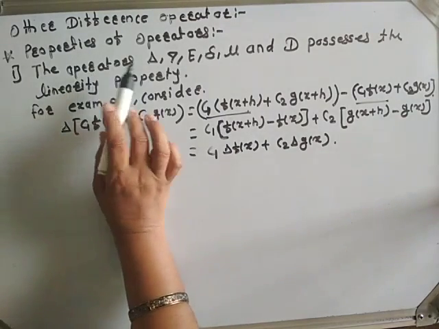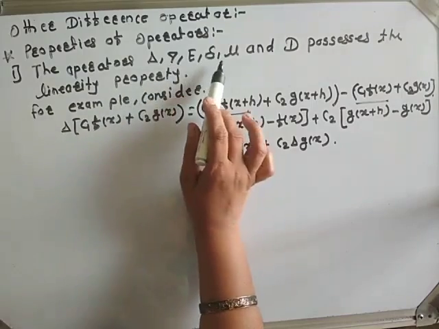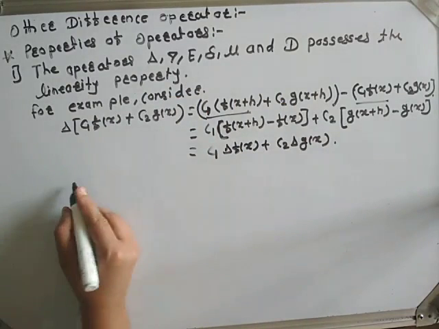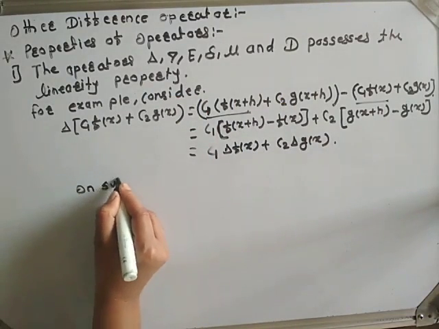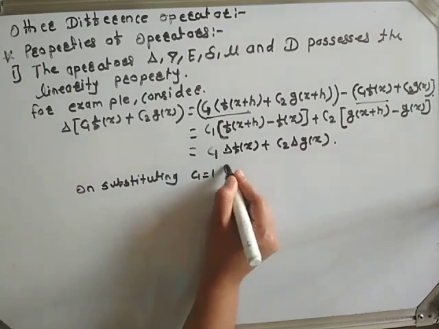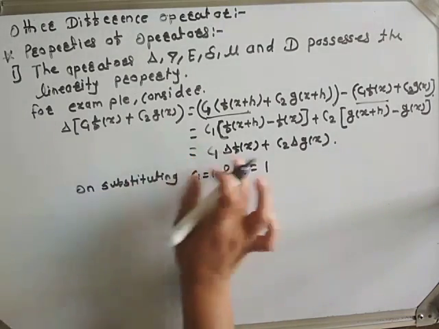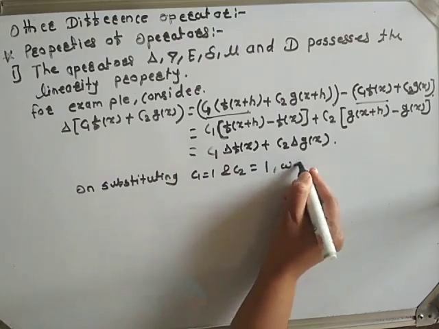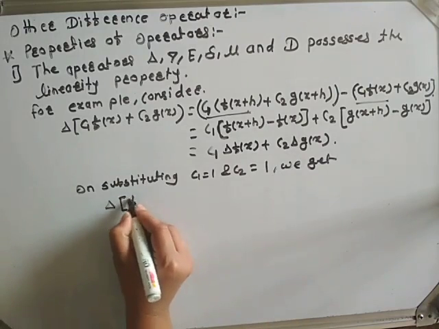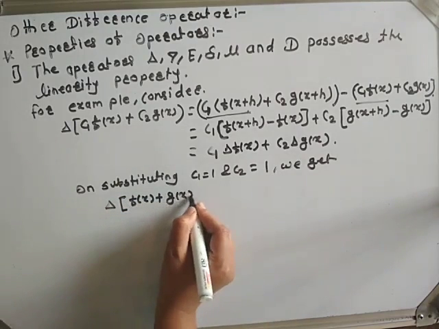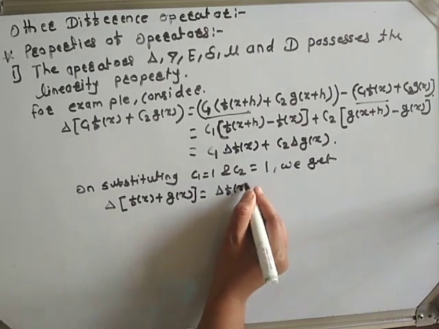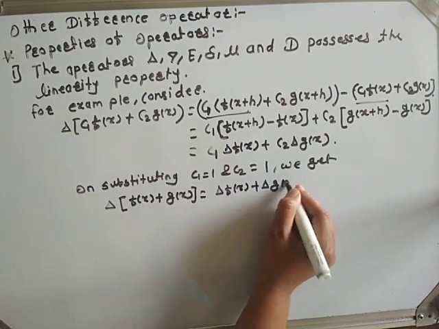Similarly, we can show that other operators del, E, delta, mu and D also have linearity property. Okay. On substituting C1 is equal to 1 and C2 is equal to 1 in this equation we get delta of f of x plus g of x is equal to delta of f of x plus delta of g of x.